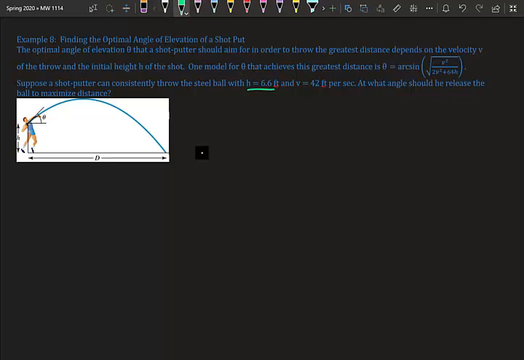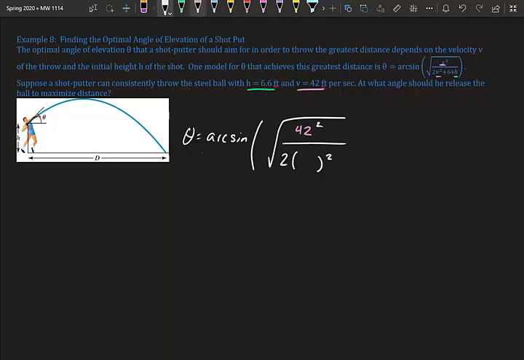Alright, we're given h and we're given v. Let's plug it into our formula. So we have theta equals arc sine of the square root of v squared, so 42 squared, over 2v squared, so 2 times 42 squared, plus 64h, and h is 6.6.